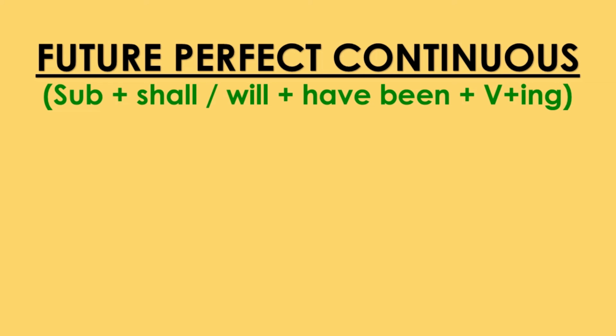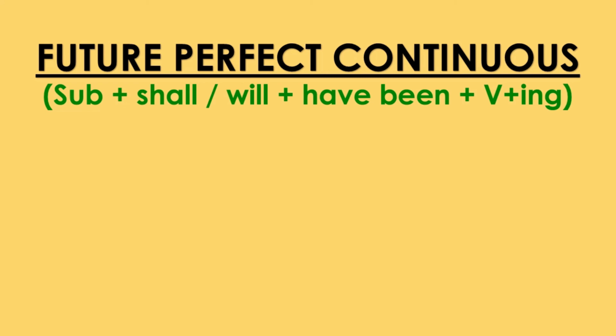It is used to show an action in progress over a period of time in future, and that will end in future. Look at the structure, students. Again, it will be the subject in the beginning. Thereafter will come either shall or will, followed by have been, and followed by the ing form of the verb.